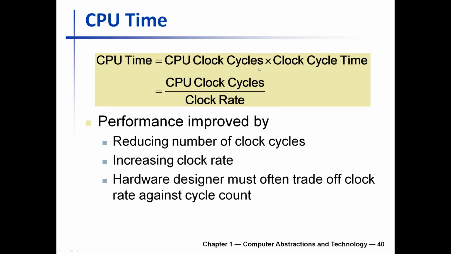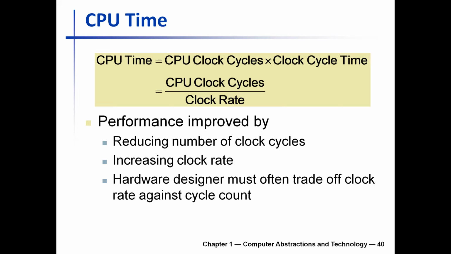You have a certain amount of work to get done, and current hardware takes a certain number of CPU clock cycles. So in a cycle, you get a certain amount of work done. If you want to reduce the number of cycles your CPU is taking, you have to make the hardware a little bit more complicated to get more work done in a single clock cycle.